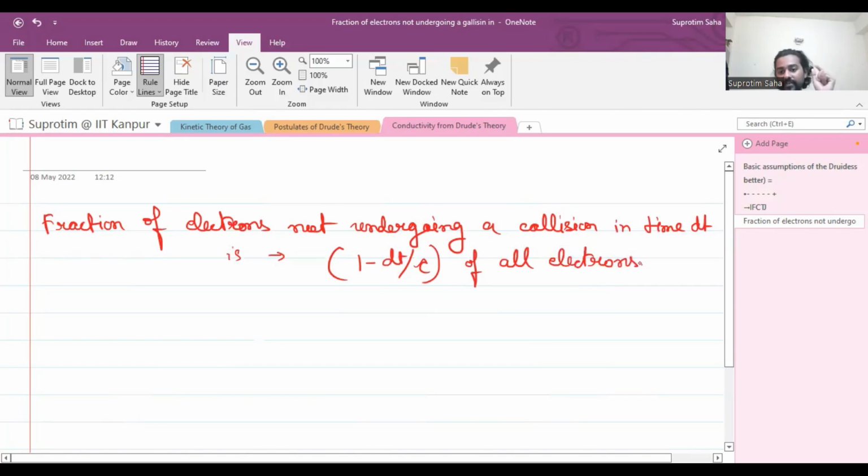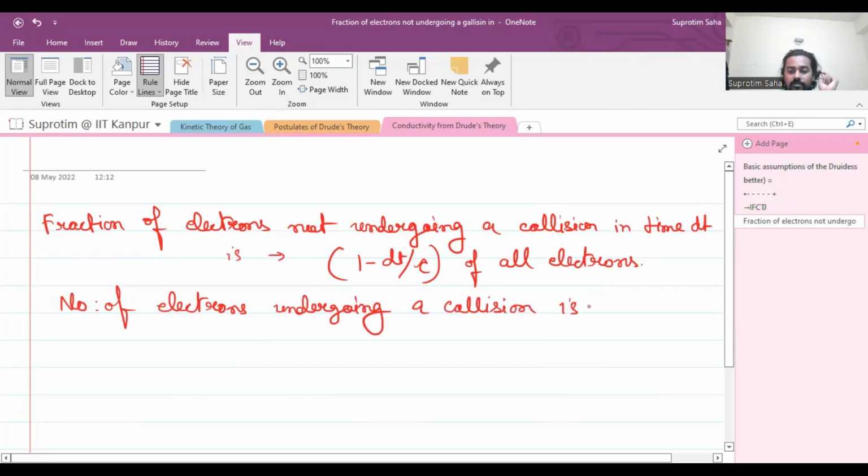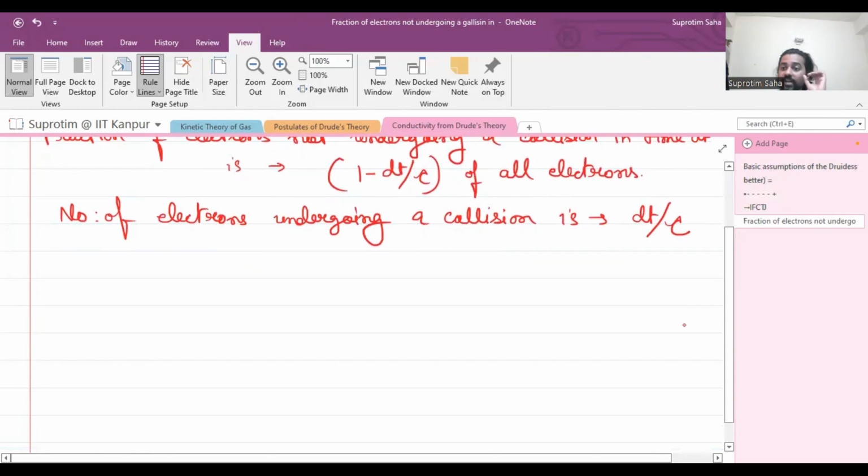This goes into the weightage factor, and the fraction of electrons undergoing a collision is dt over tau.